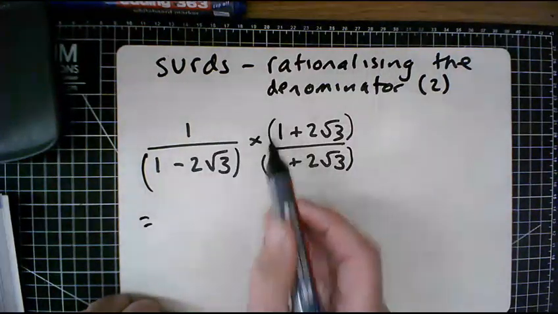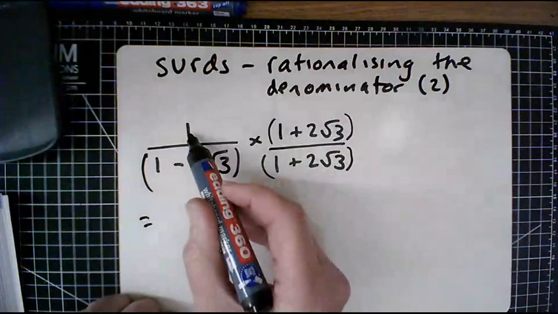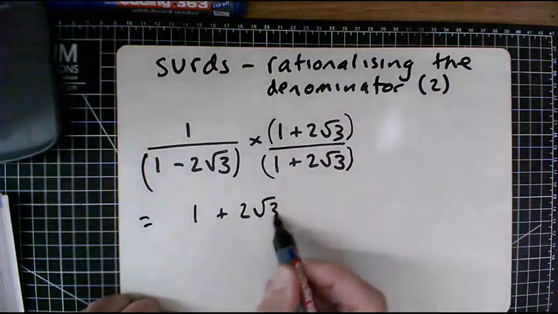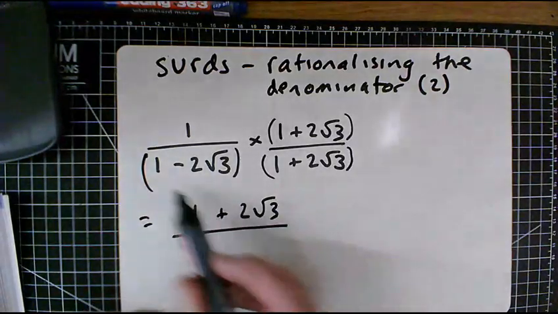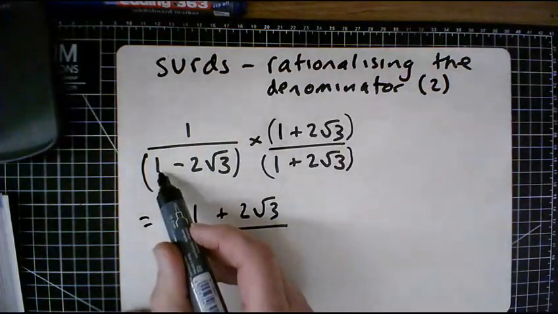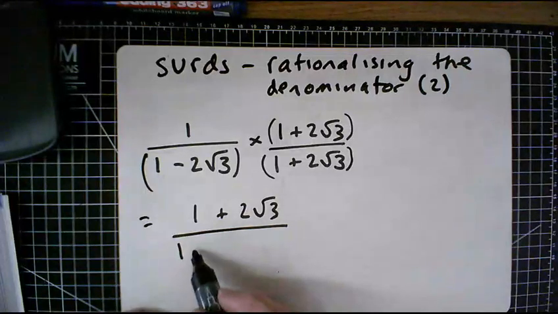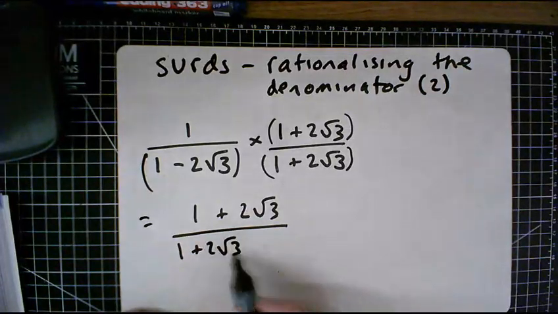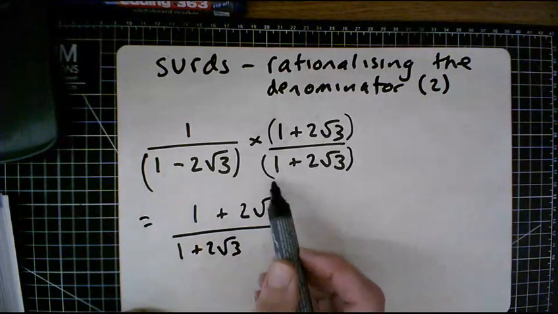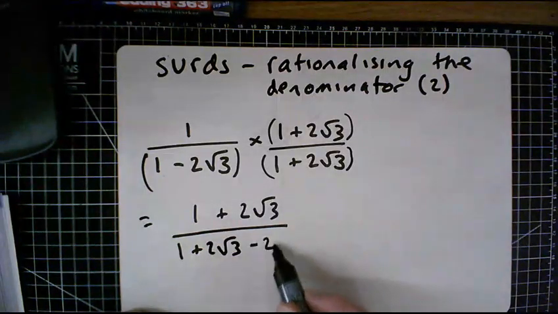1 times 1 is 1. 1 times 2 root 3 is 2 root 3. 1 times 1 is 1. 1 times 2 root 3 is 2 root 3. Negative 2 root 3 times 1 is negative 2 root 3.